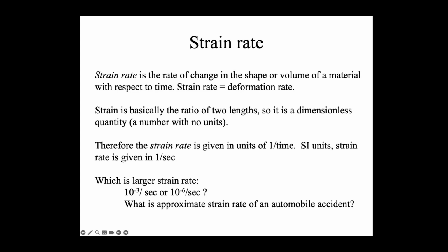So it'd be something like 10 to the minus 1 per second. Very, very high strain rate. So geologic strain rates are, as you can imagine, much closer to 10 to the minus 6, except perhaps instantaneously during an earthquake when they're going to be much higher.